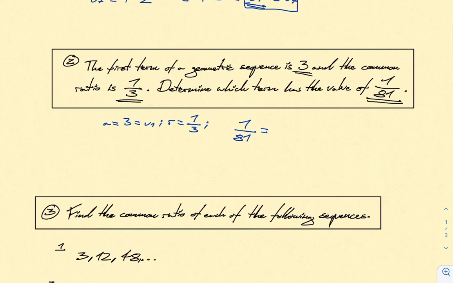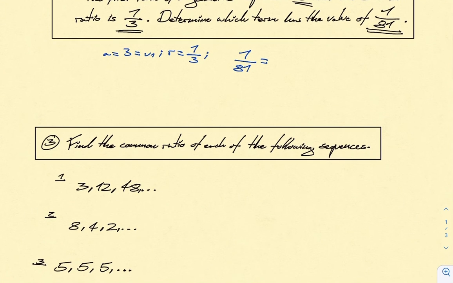So 1 over 81 equals a, which is 3, times r, which is 1/3, to the power of n minus 1.